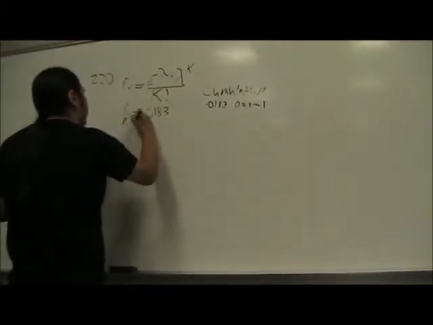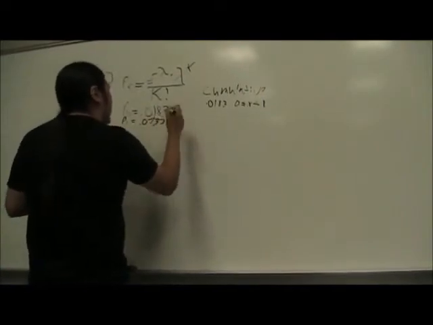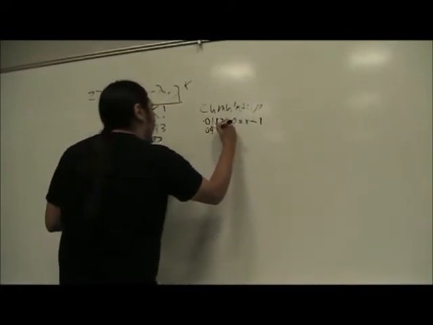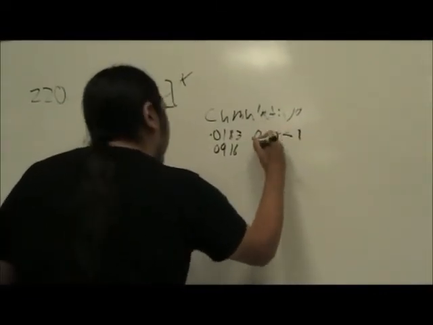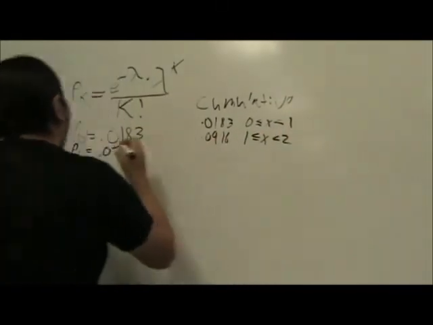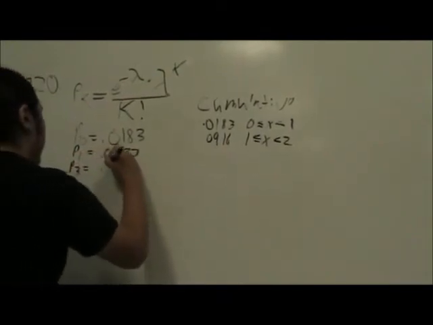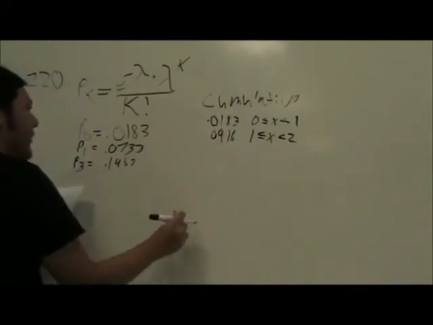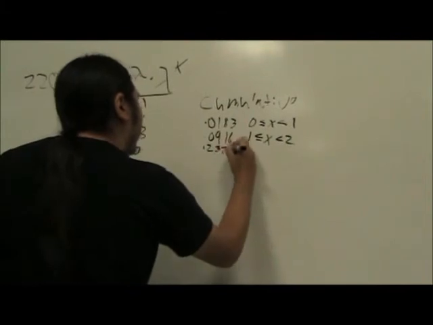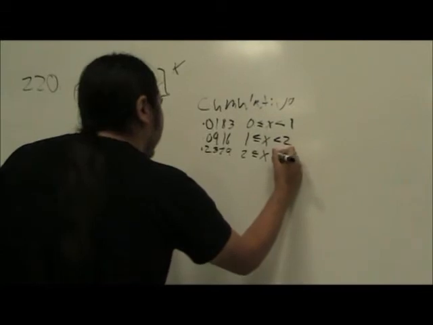And then P1 is equal to 0.0733, and you add that to this and you get 0.0916 for x greater than or equal to 1, less than 2. And now P2 is equal to 0.1463, you add that to these, and then you get 0.2379 for x greater than or equal to 2, less than 3.